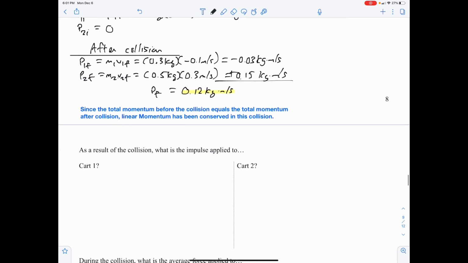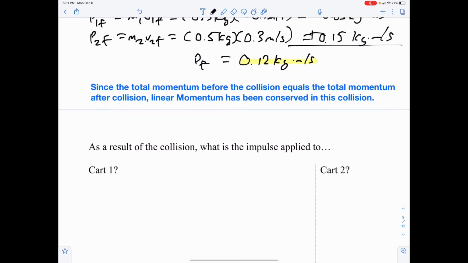As a result of the collision, what is the impulse applied to cart 1? Okay, so the impulse applied is the change in momentum, and that's the momentum of cart 1 after minus the momentum of cart 1 before.